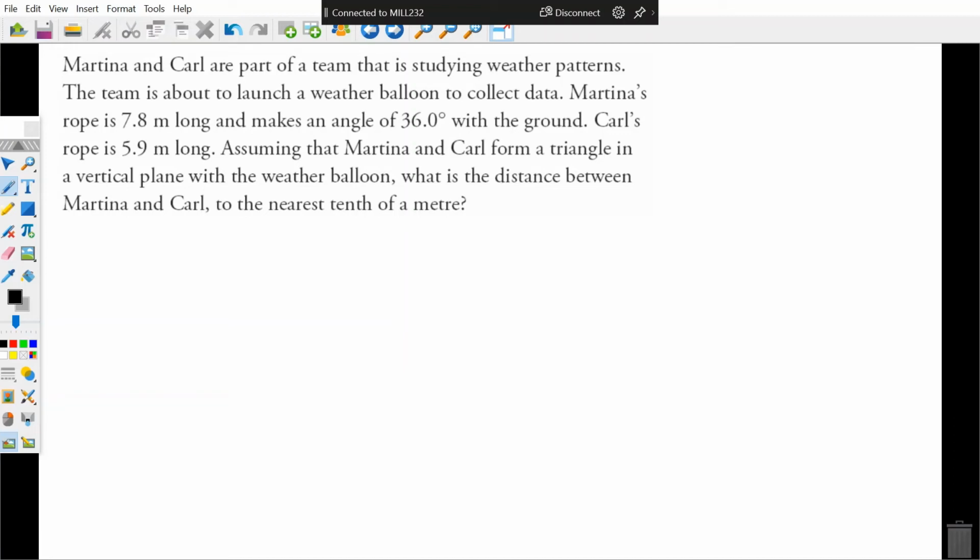So here's what we've got. Let's start drawing our triangle. Here's the weather balloon up here, okay? Martina's rope is 7.8 meters long, and she makes an angle of 36 degrees with the ground, okay?